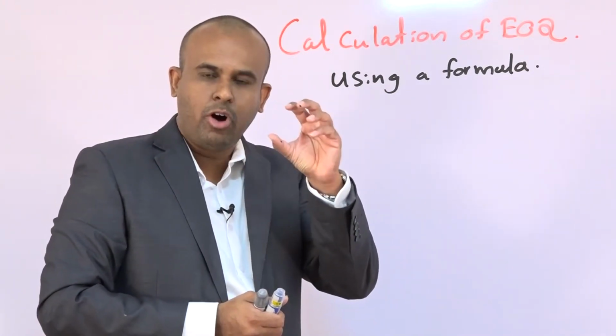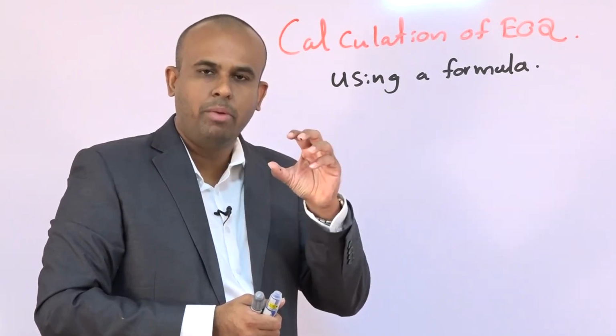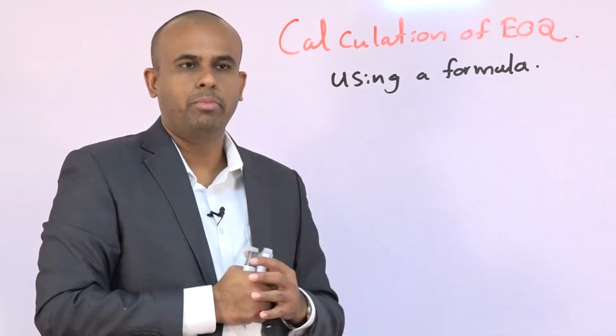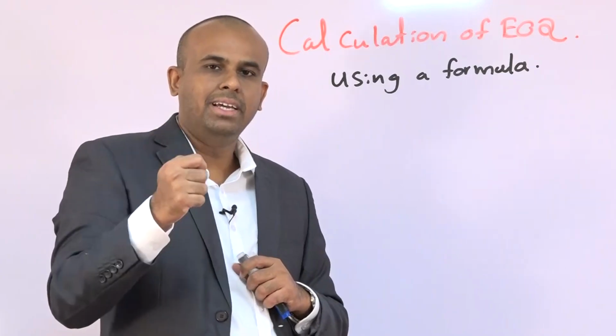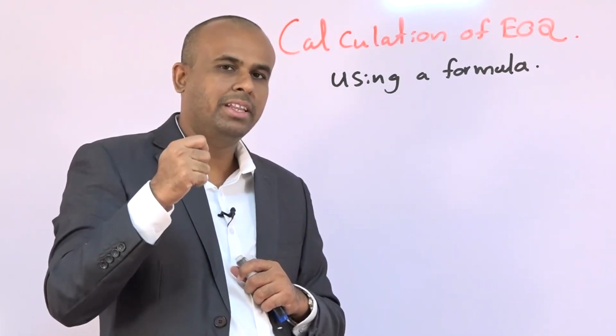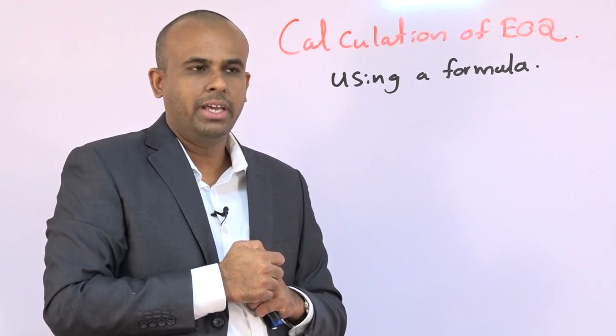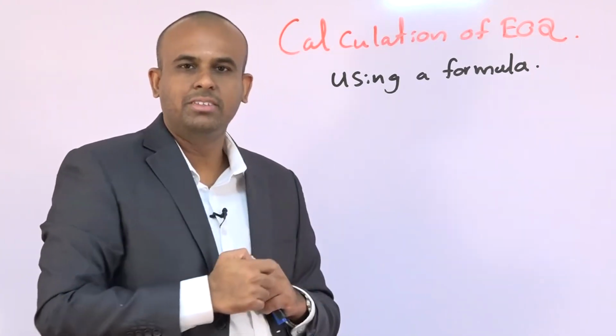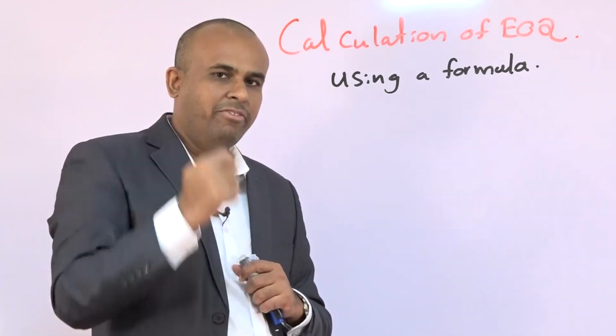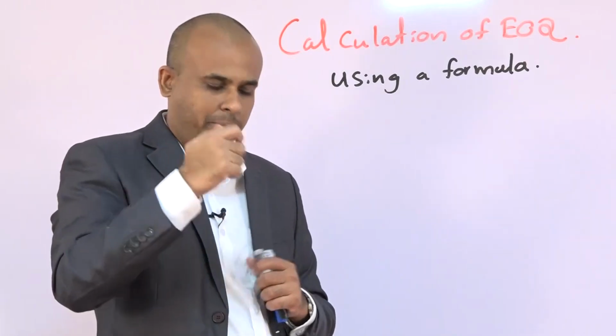So once you build up the formula, it is very much easier in finding the economic order quantity, because it's a matter of substituting the figures into that particular formula, which is very efficient and which is very accurate. Okay.